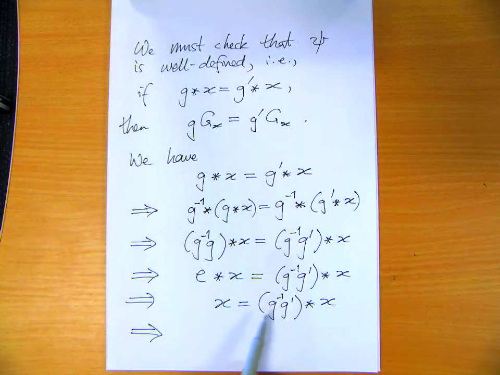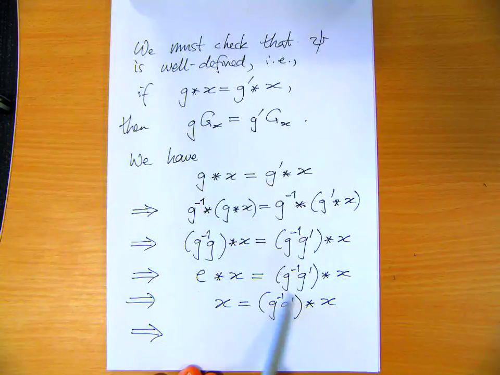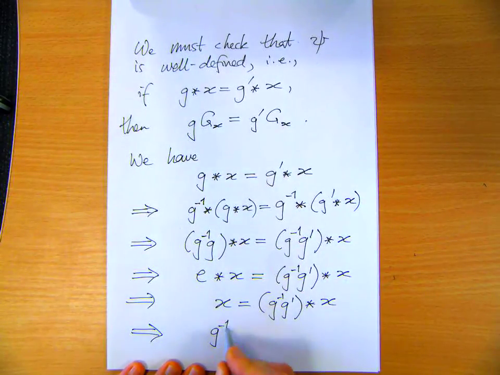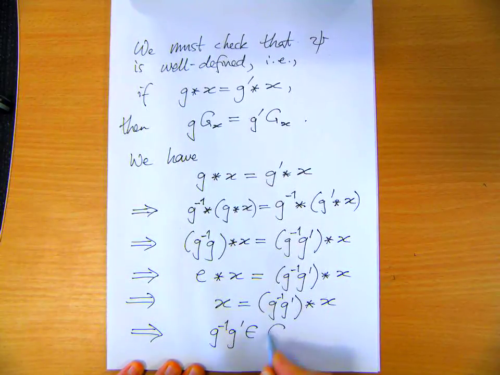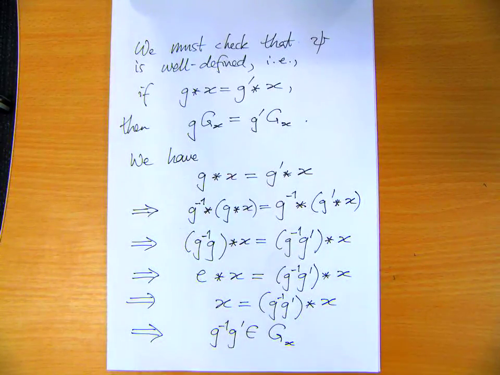Well, what does this say? Well, we probably want to read it from right to left rather than from left to right. It says that this group element fixes x. So G inverse G prime must be in the isotropy subgroup, because it fixes x. Okay, and by definition, anything that fixes x is in the isotropy subgroup.